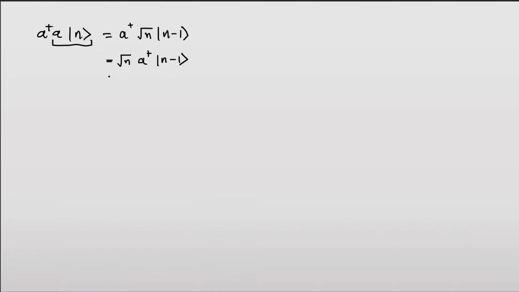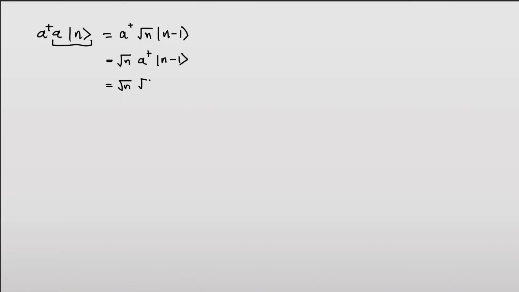We're going to have something that looks like the square root of N times N times the square root of N minus 1 plus 1, like that, because this is our N minus 1 part right here.